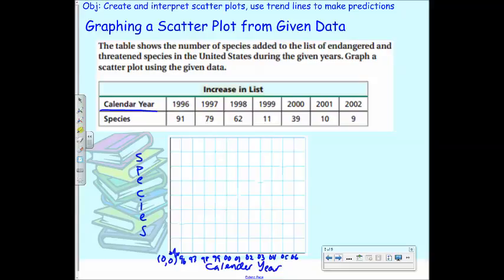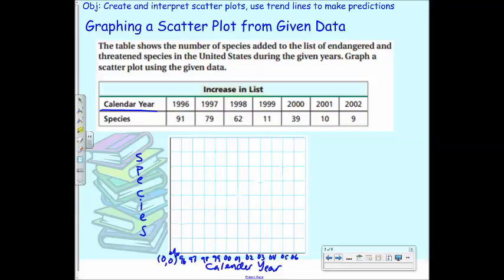Now my number of species. How am I going to label this axis, the y-axis? What number should I start with? 10, 20. Why 10, Diego? Because it goes like 10, 20, 30, 40, 50, 60, 70.